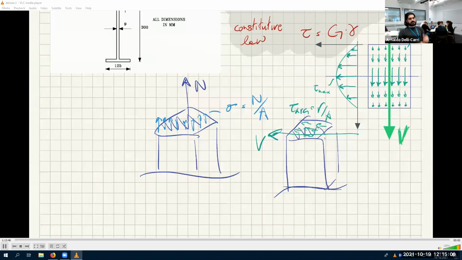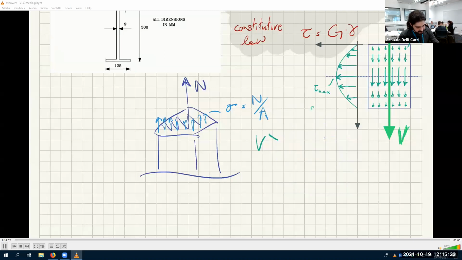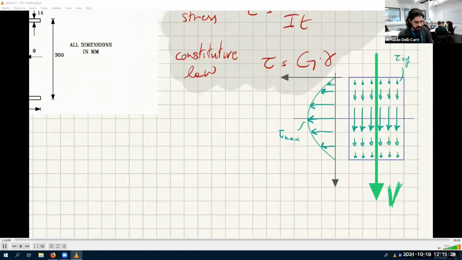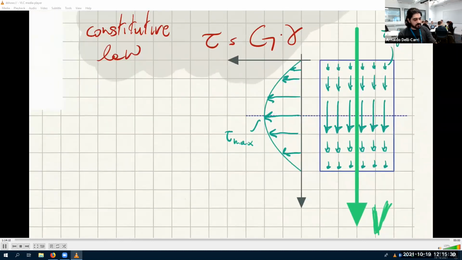All right? Now, you are in second year now. So the average shear stress is not enough because we want to know what's happening exactly at every point of the section. And so you have learned in this lecture with Said that the shear stress is not distributed constantly over the area. The shear stress is distributed parabolically over the area.